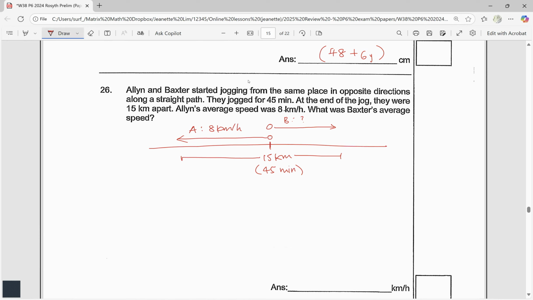Okay, so firstly, let's change all to hours since it's km per hour, right? So 45 minutes would be 3/4 of an hour. So find A in 45 minutes or A in 3/4 hour.